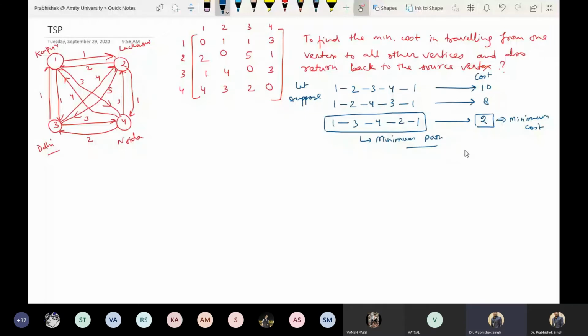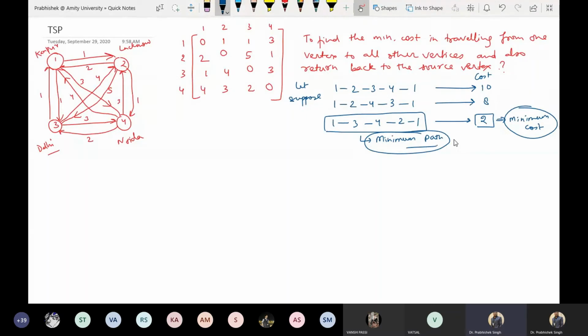First of all, we have to calculate the minimum cost, and after calculating the minimum cost, we have to calculate the minimum path. I hope you have understood the problem. The problem is very simple. We have to find the minimum cost in traveling from one vertex to every other vertex, and we have to return back to the source vertex.